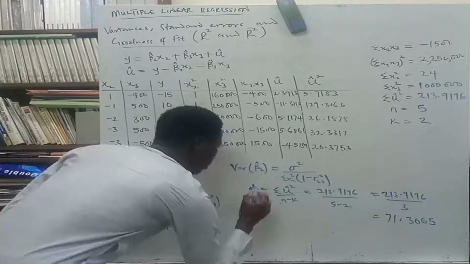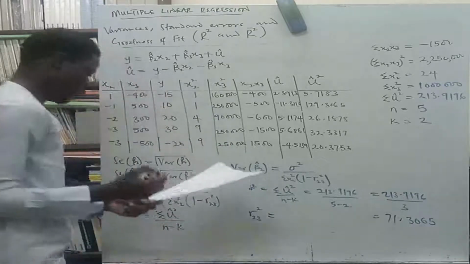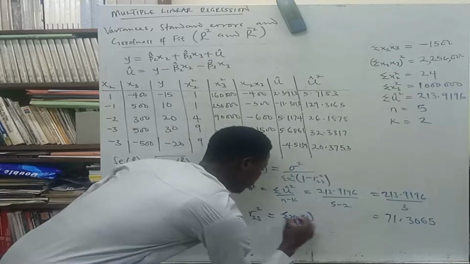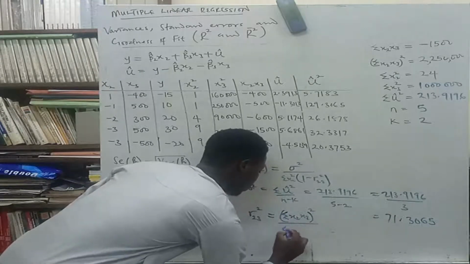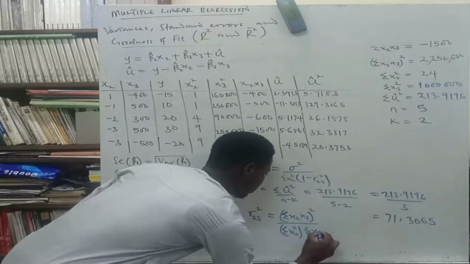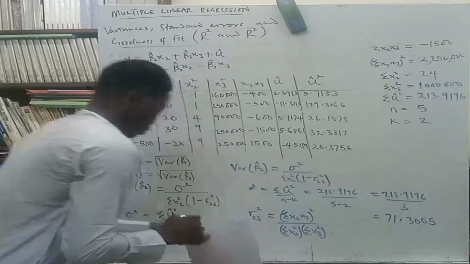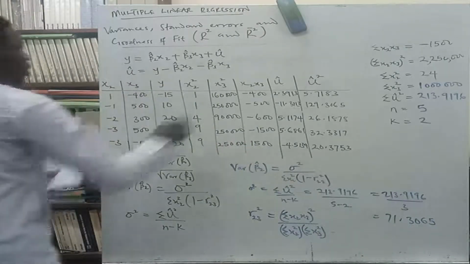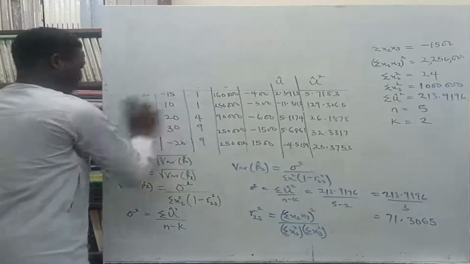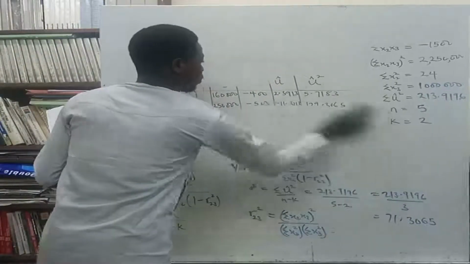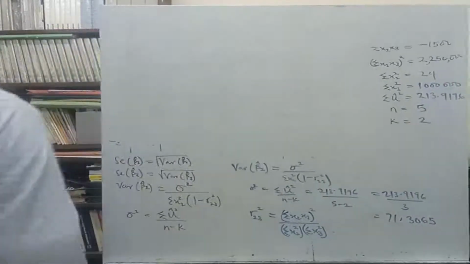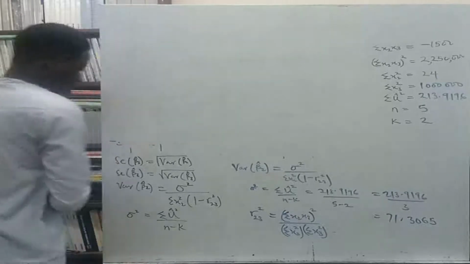So we calculate this also. We are going to have summation x2 x3 all squared, summation x2 squared, summation x3 squared. So I will have to rub this off so we can have enough space to do that.